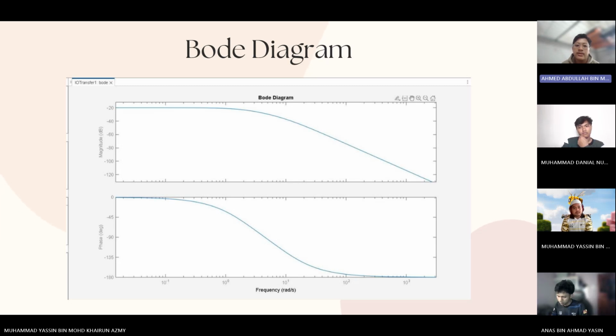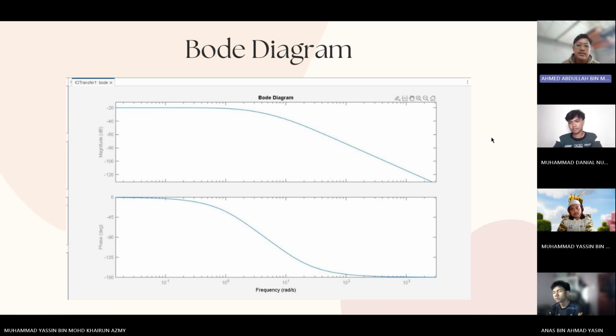Using MATLAB tools, the transfer function was simulated, and its frequency response was analyzed using a Bode plot. The results showed that the system had a gain margin of 41.4 dB and a phase margin of 63.9 degrees from the previous PID, indicating strong stability and robustness.